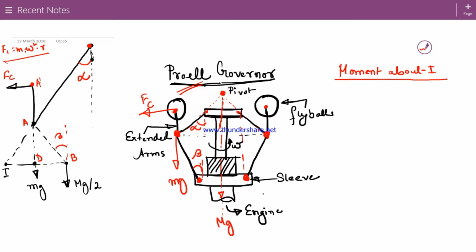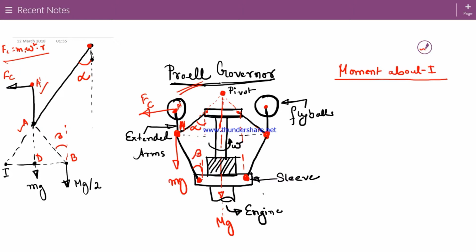So if we take the left hand side portion of this symmetrical governor, the Proell governor, and extend this alpha angle, we will get this point I. As we know, there will be the weight of the ball from this point A dash, and this point A. As you can see, A and A dash.